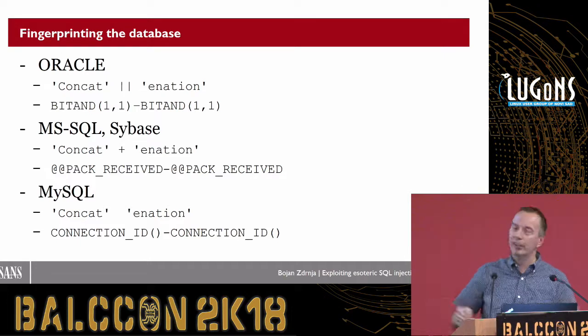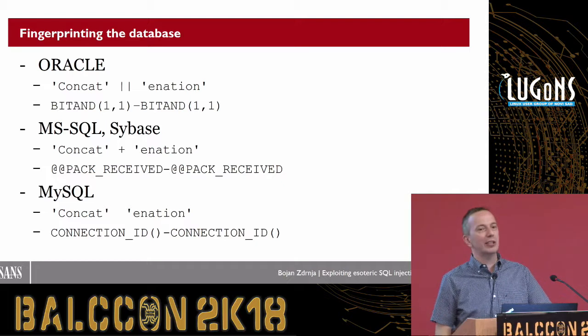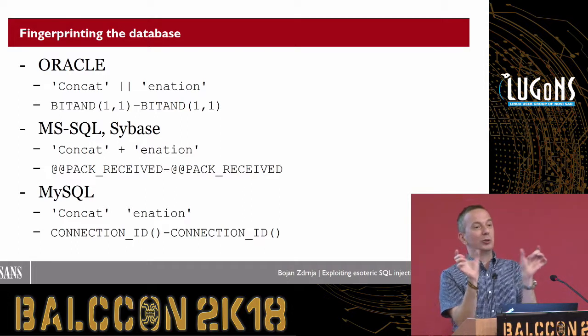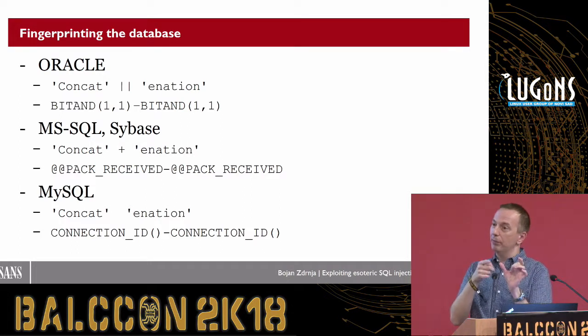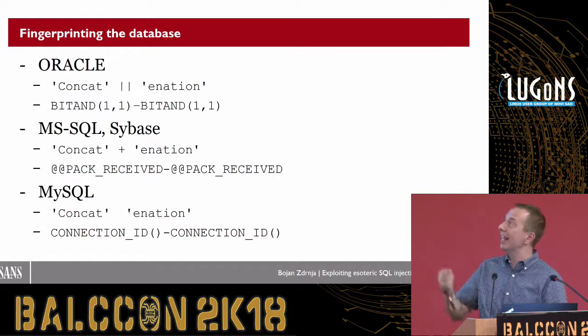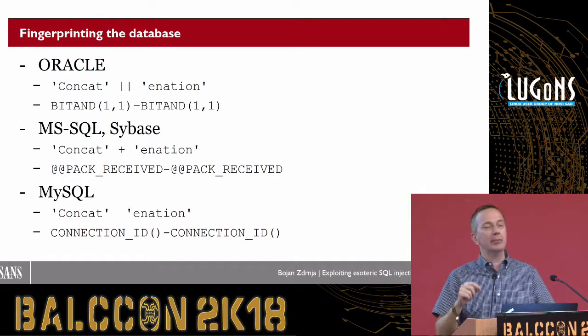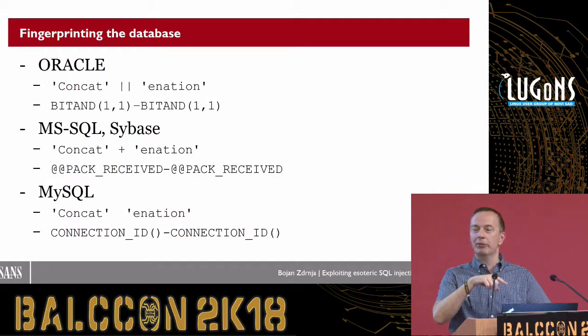If we want to have double pipes for concatenation, that's the way Oracle will do, which is cool for us, because if I have a string that I split into two strings, and if I use double pipe for concatenation, and it works, I can actually be pretty sure that it's Oracle or DB2, because the same thing works in DB2.